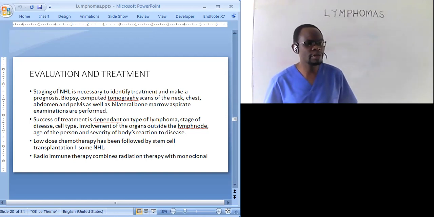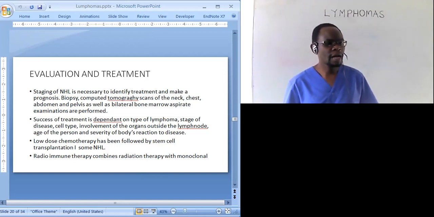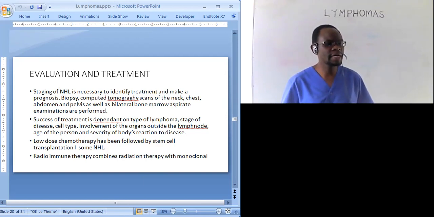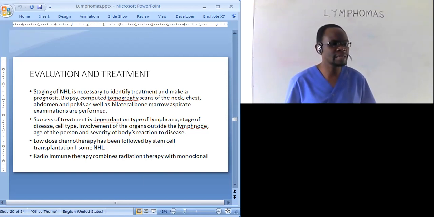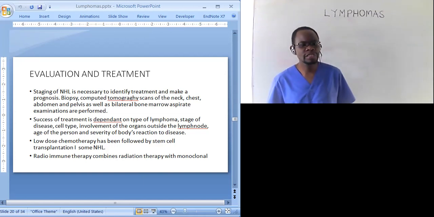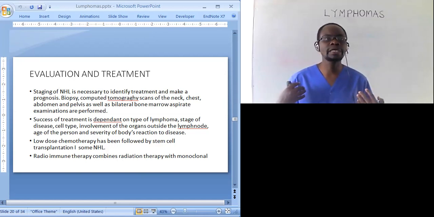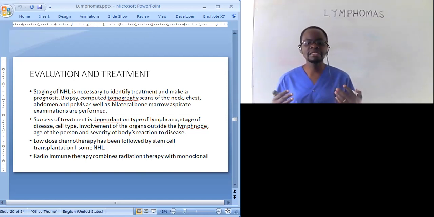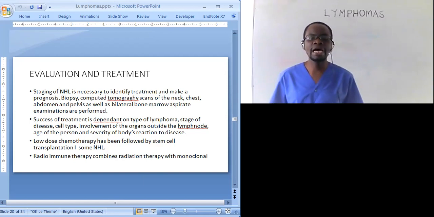And low-dose chemotherapy has been followed by stem cell transplant in non-Hodgkin's lymphoma, just like we saw in leukemias. Stem cell transplant is what can help successfully handle these conditions.